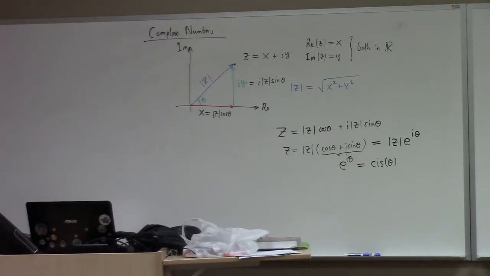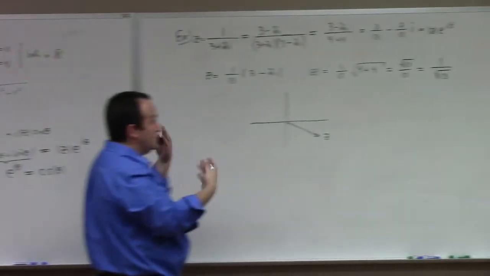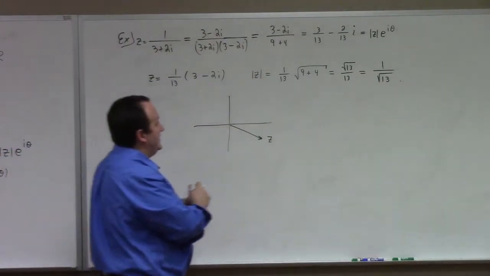What's my theta? Good news, it's here somewhere, right? So that means that we're between plus or minus pi over 2, right? So I can find the theta. What would theta be?